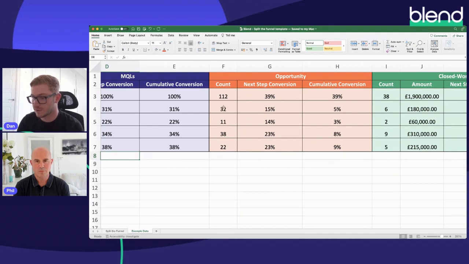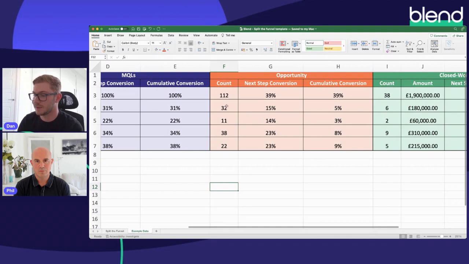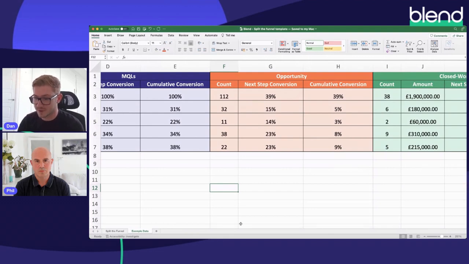And where we've got the other lead sources down here, like gated content, webinars, in-person events and stuff, the conversion is much, much lower, because whilst you can use lead scoring in MQL stage to artificially boost that conversion to basically whatever marketing want, opportunity is the real deal, right? Are they entering your pipeline or not?